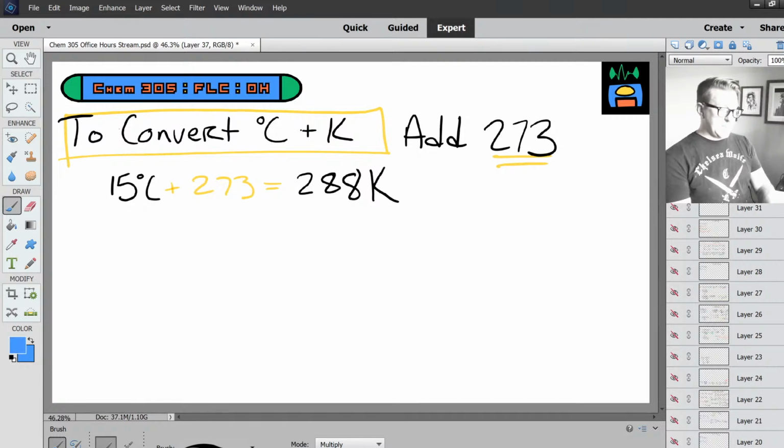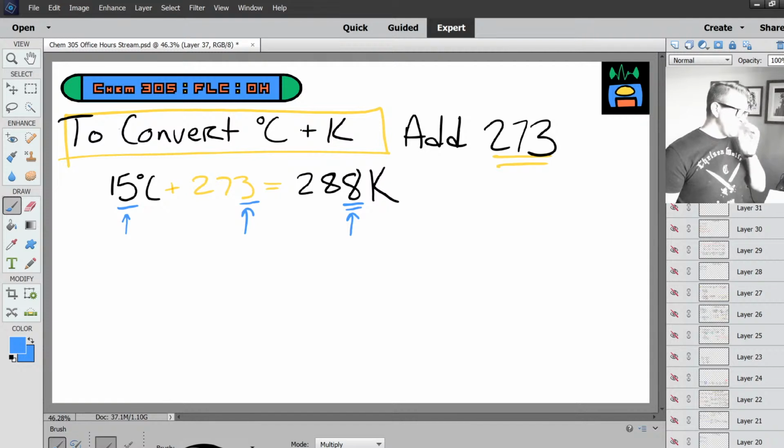When you look at it, 15 has its last significant digit in the ones place. 273 has its last significant digit in the ones place. So our answer must have its last significant digit in the ones place, and it does. So for this one, we're golden.